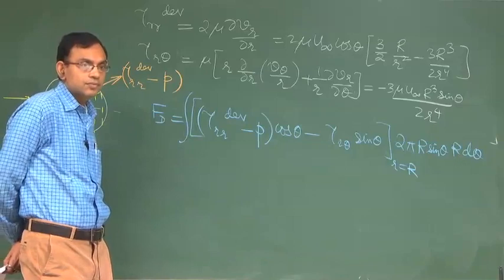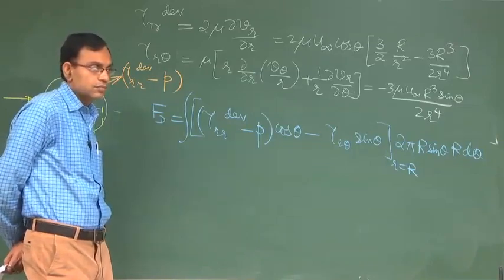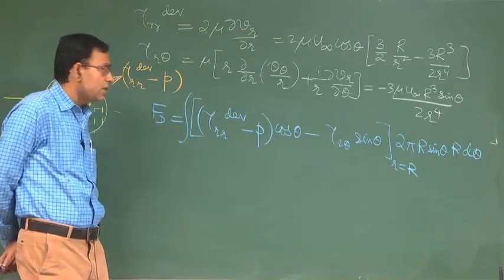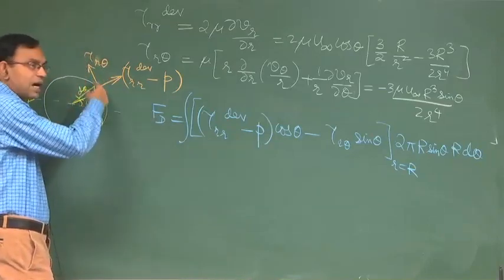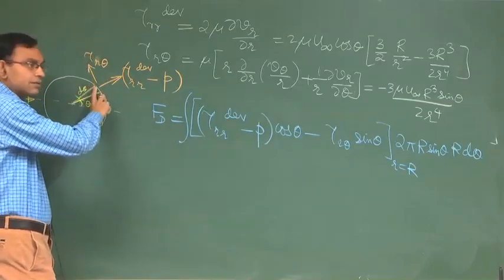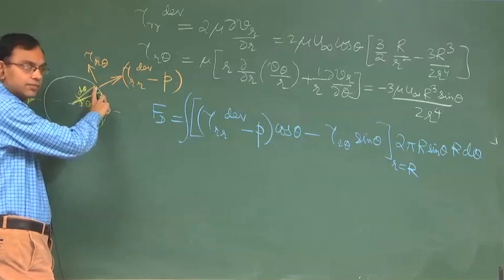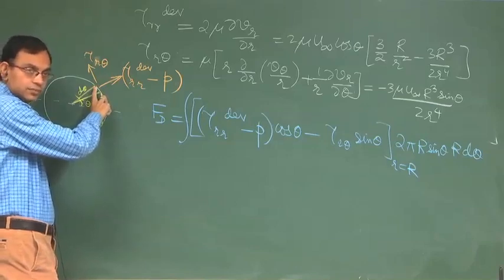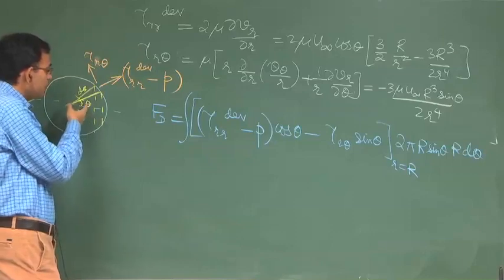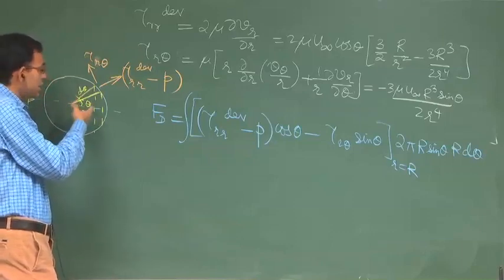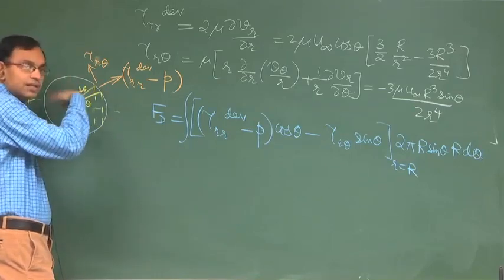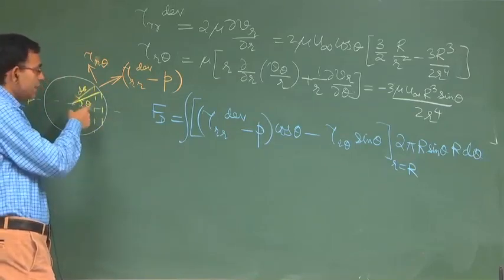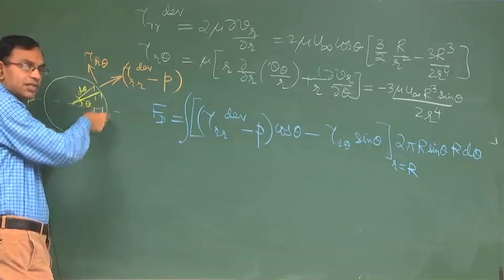It is not 0 to 2 pi because already 2 halves are covered by one element. So it will be 0 to pi. From theta equal to 0 to theta equal to pi, in this way the full sphere is covered, because the bottom half is already covered.